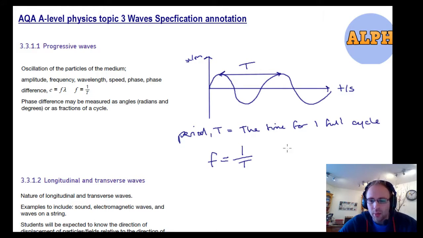So now we can talk about wave speed. So we know generally that velocity is displacement over time. If we've got a wave, for wave speed we're going to use c, and there is a reason for that. I can't remember. It's a word in a different language.